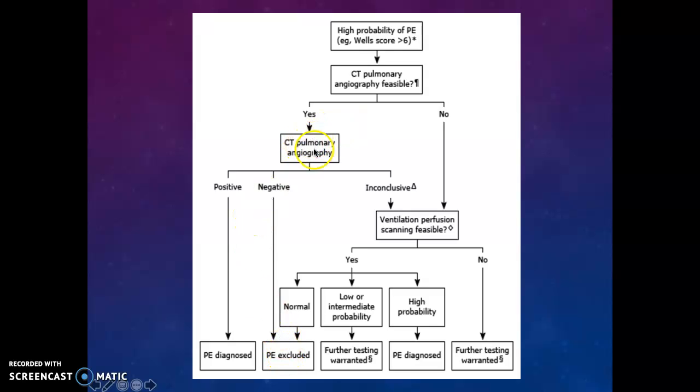However, if the CT pulmonary angio is inconclusive or it's not feasible, you do a VQ scan, which is a ventilation perfusion scan. Depending on the ventilation perfusion scan, if that is normal, you can exclude PE. If it's low or high, then if it's low, you need further testing, and if it's high, you would have diagnosed PE.